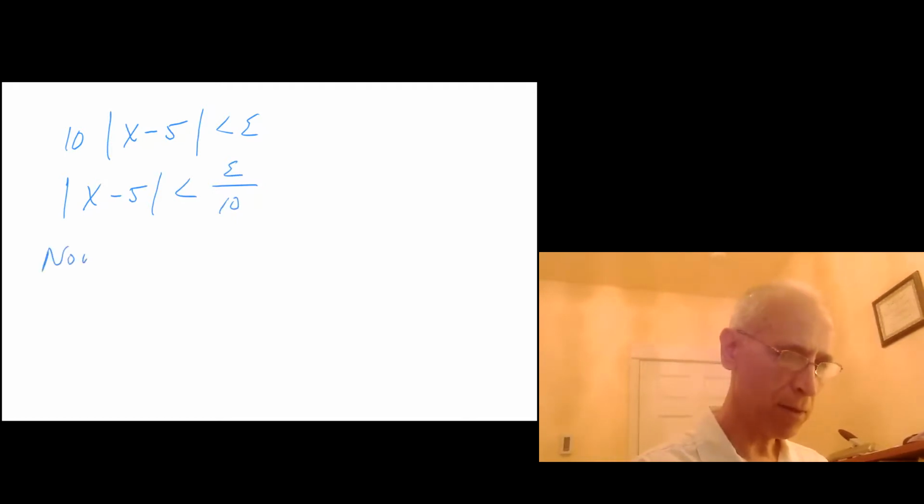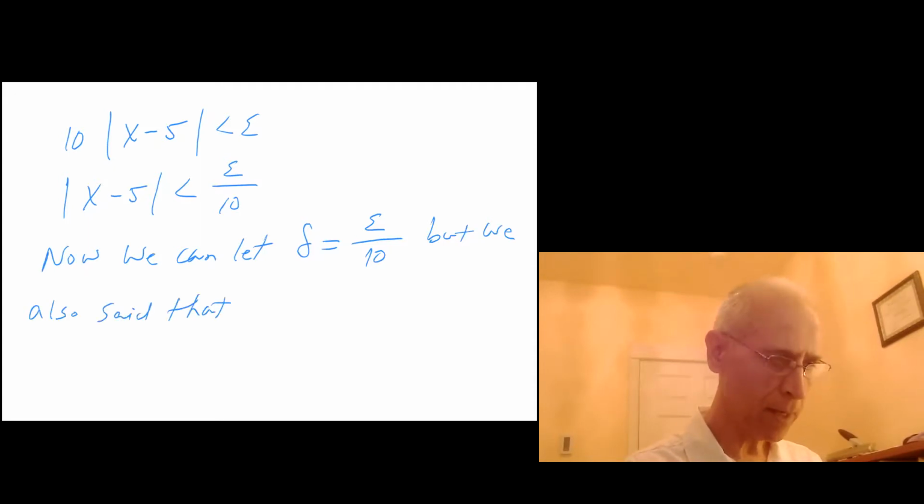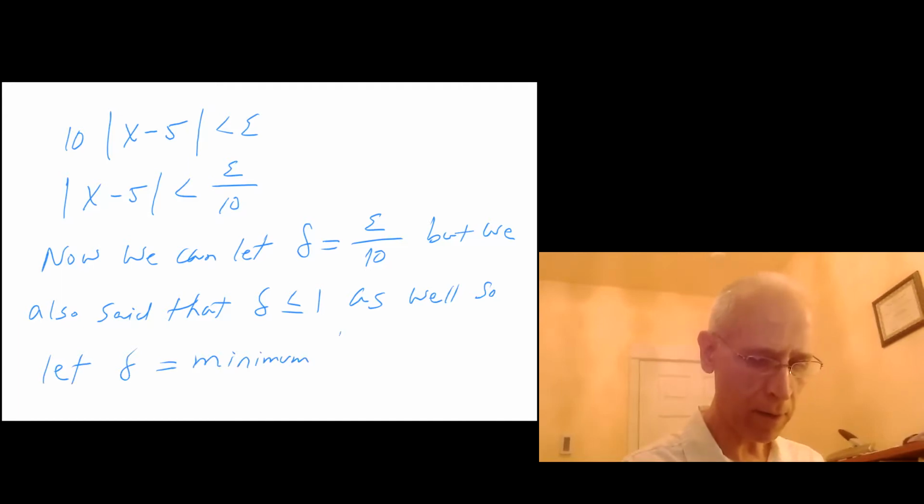Now we can let delta equal epsilon over 10. We can do that, but we also said that delta is smaller than or equal to 1 in previous pages. Okay, so let delta equal the minimum of 1 and epsilon over 10.